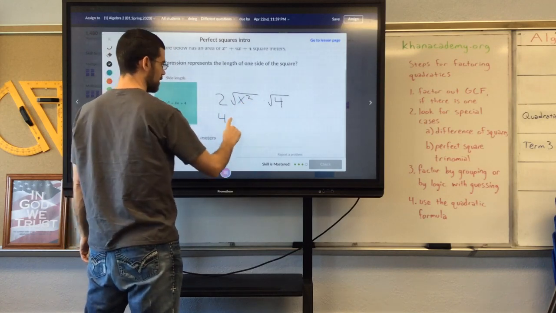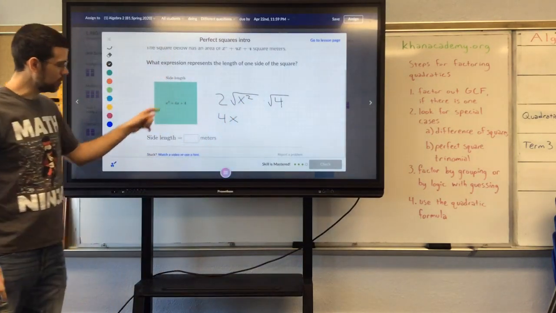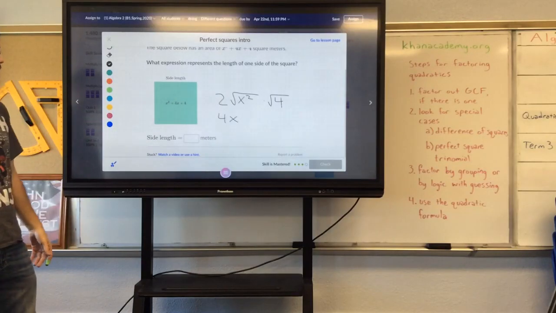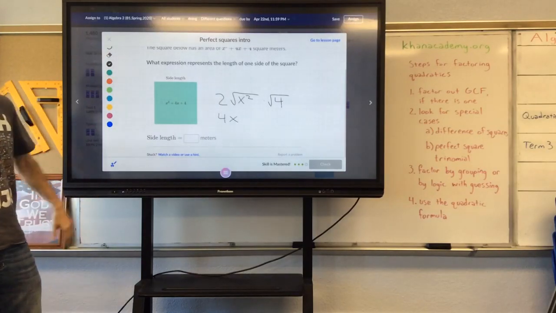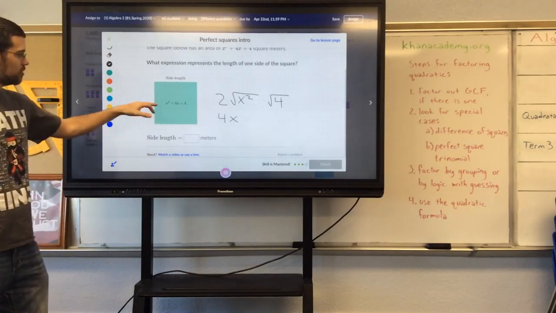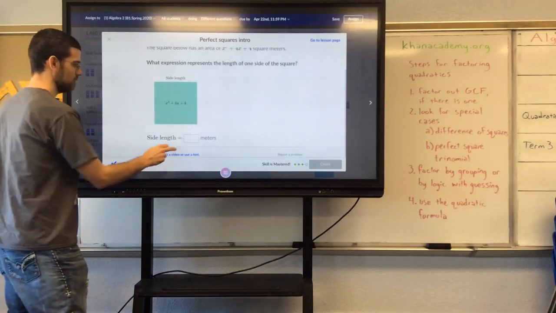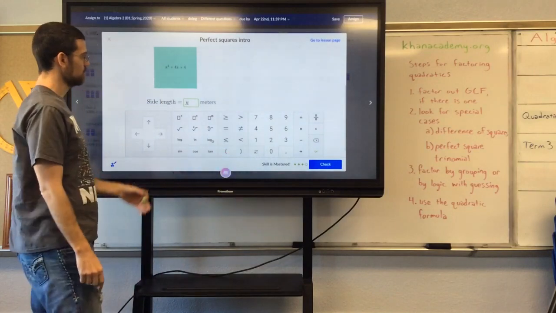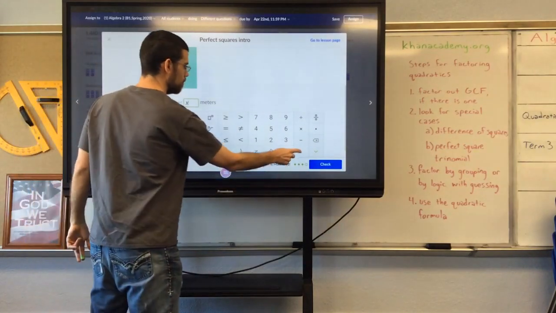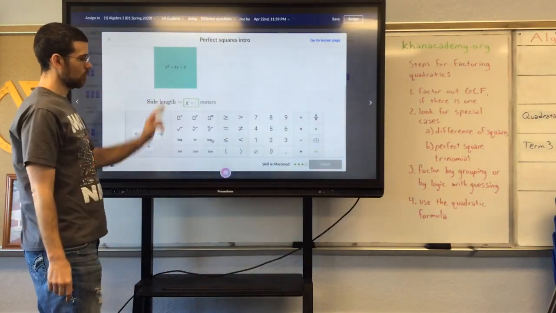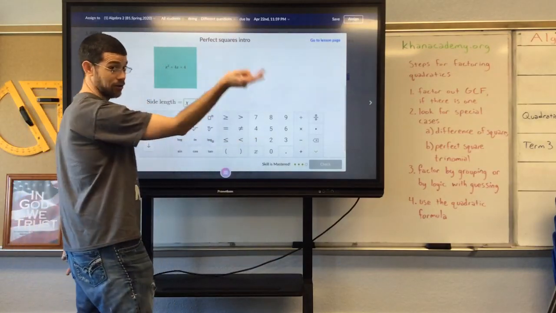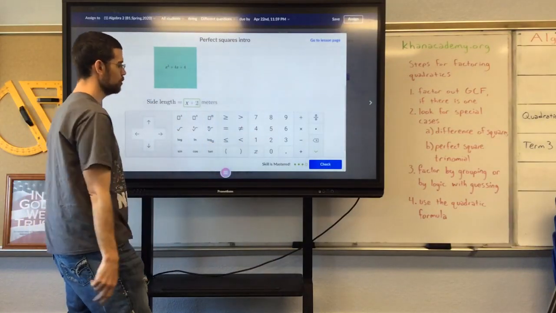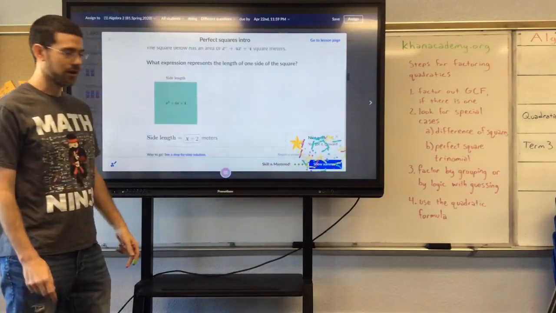The square root of x squared is x. That's our middle term, so we know it's a perfect square trinomial, besides that they told us this is a square. All right, so one side length is going to be the square root of the first term, x, the sign of the middle term, plus the square root of the final term, the constant, 2. And we're done.